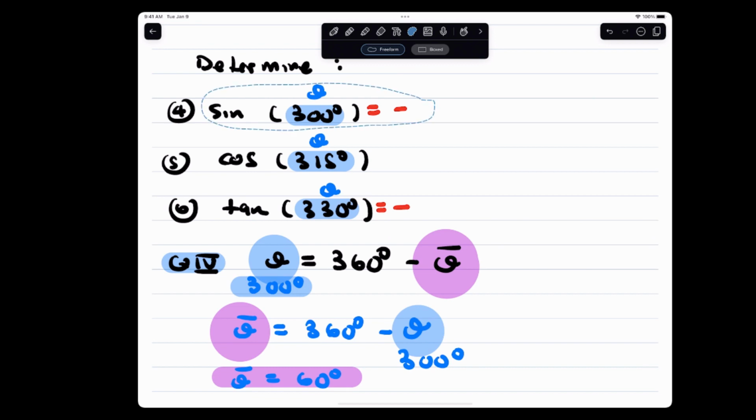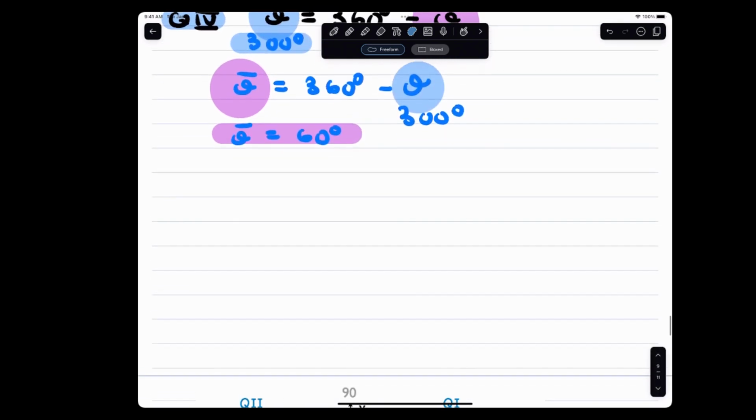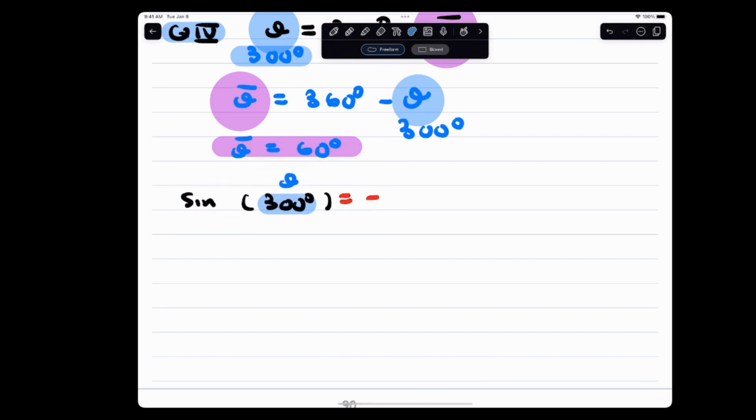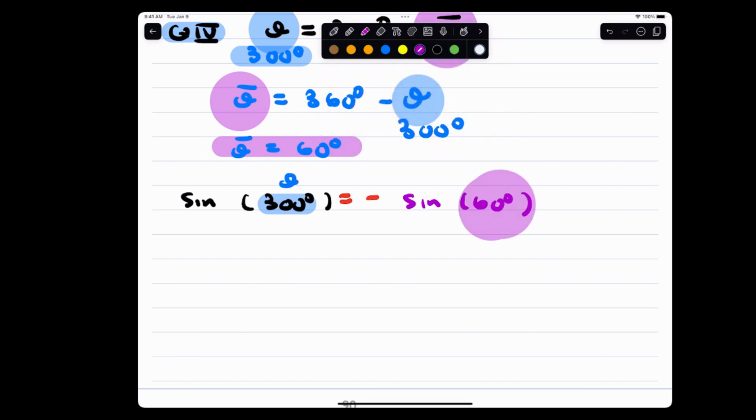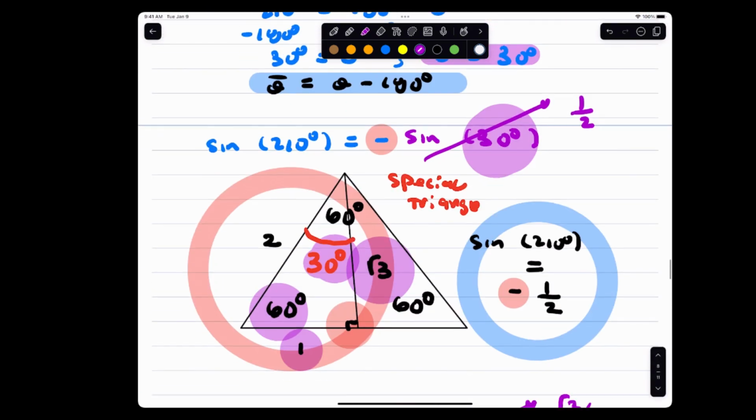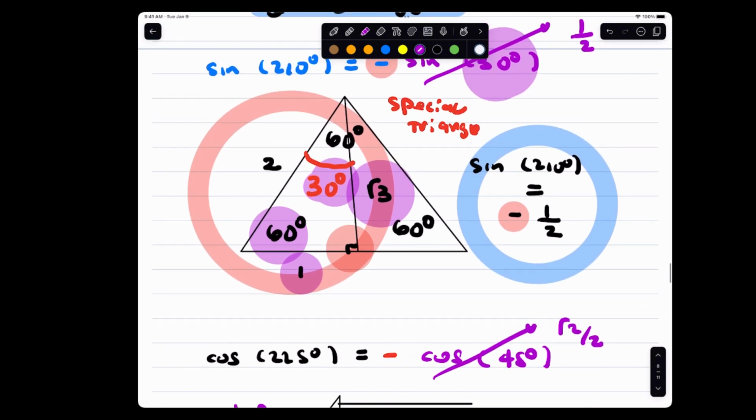So, ladies and gentlemen, let me copy this here so you guys can see. This is what we're doing. Here's sine of 60 degrees. So what's sine 60? It's the definition of sine. Opposite over what? Is that right?